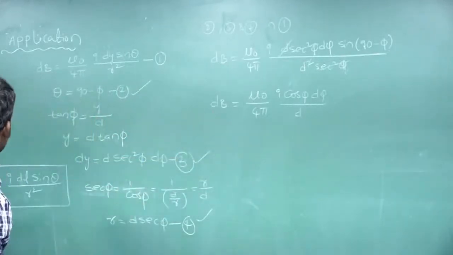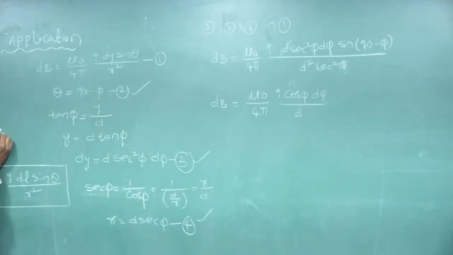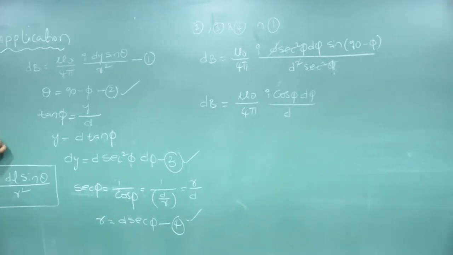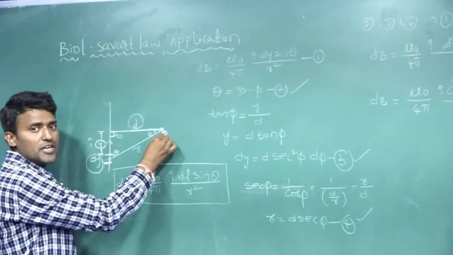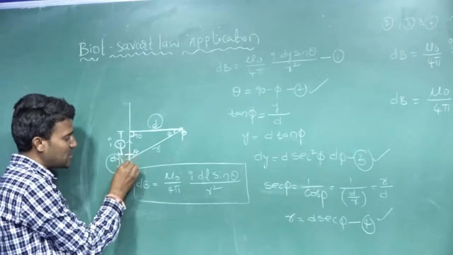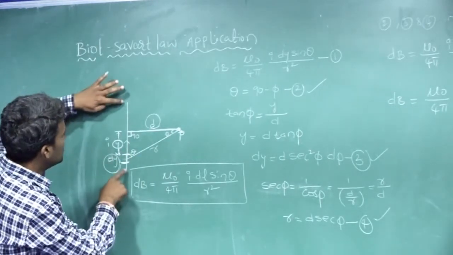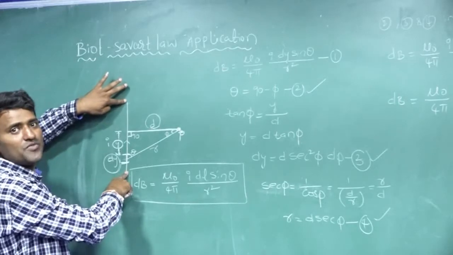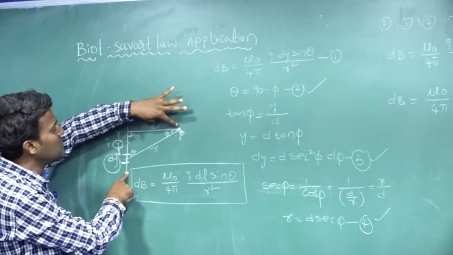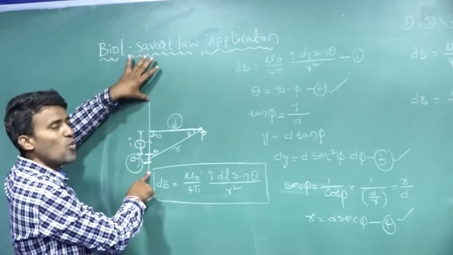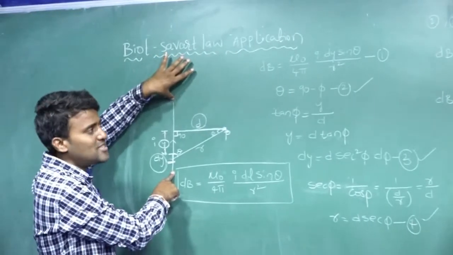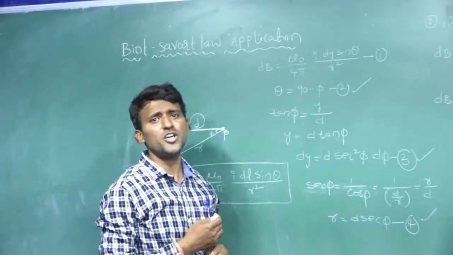Now this dB is nothing but the magnetic field at a point P due to the small element. If you want to find the magnetic field at point P due to the whole conductor, we have to integrate that equation.